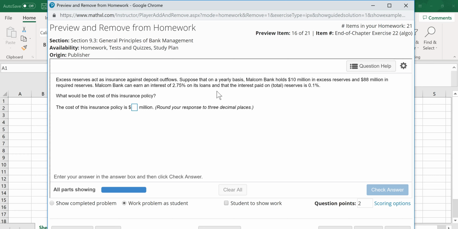And because of the required reserve ratio, there might be a shortage in the reserves if there are no excess reserves, and meeting the shortage can be costly. So excess reserves serve as a kind of insurance for that deposit outflow.